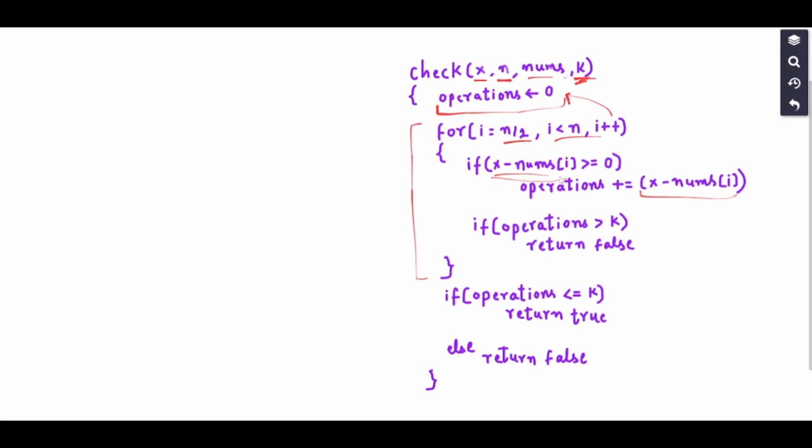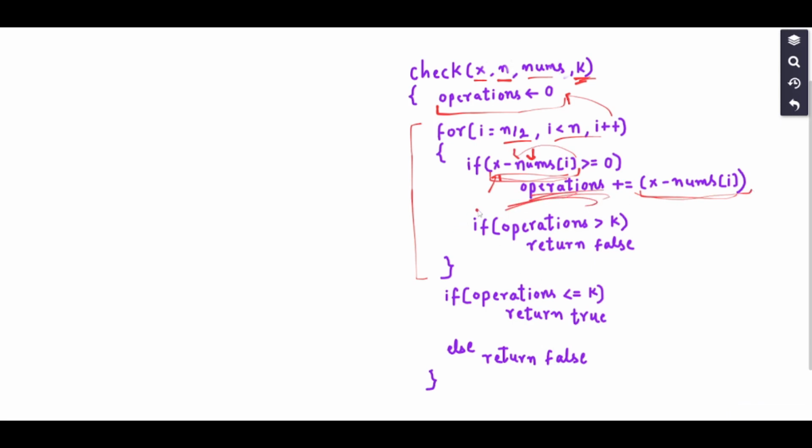Okay, so x is basically the median which I want to reach, where nums[i] is basically the current element, and x minus nums[i] would be the number of operations which I have to put in to bring this nums[i] to x, and I add it to the operations variable.